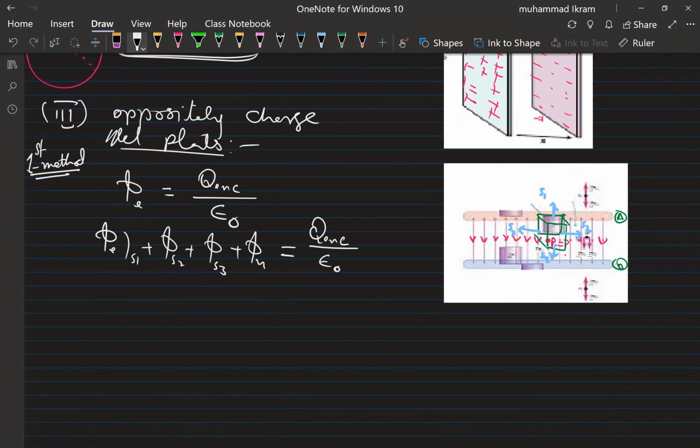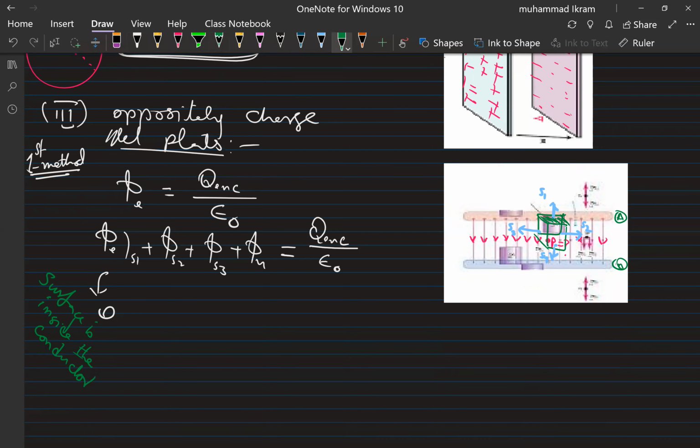From all the surfaces except S4, the flux is 0. Why? Because that surface of the cube, which I have like this, is inside the conductor.